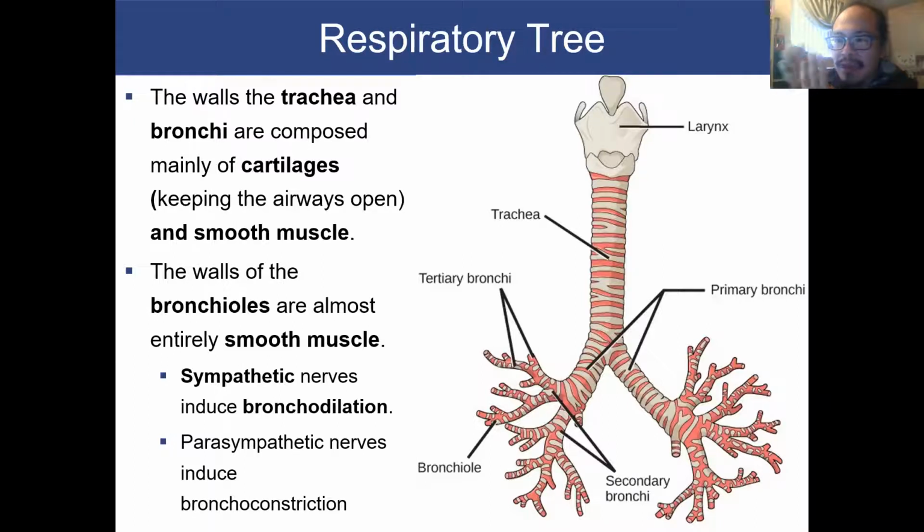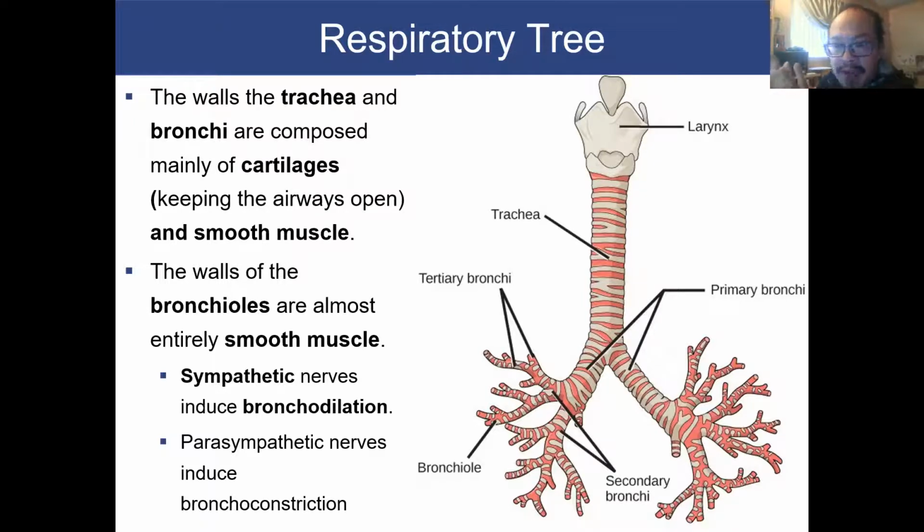These two are controlled by our autonomic nervous system, including the sympathetic and the parasympathetic. In the cardiovascular system, we described how this autonomic system controls the cardiac muscle, the heart, as well as the smooth muscle.